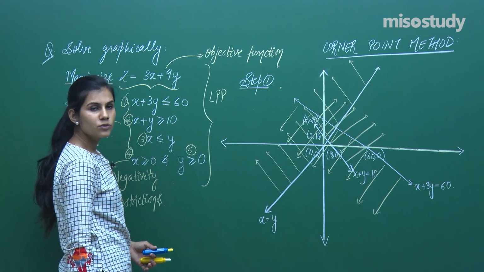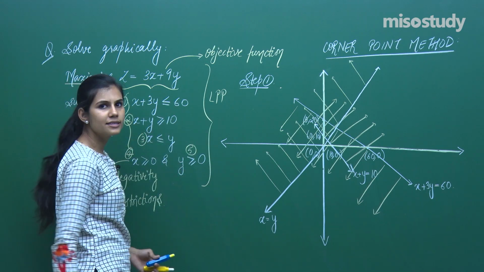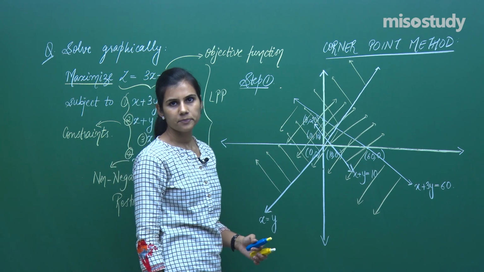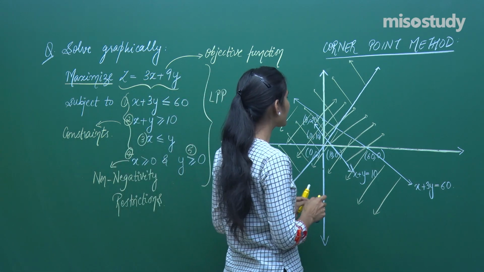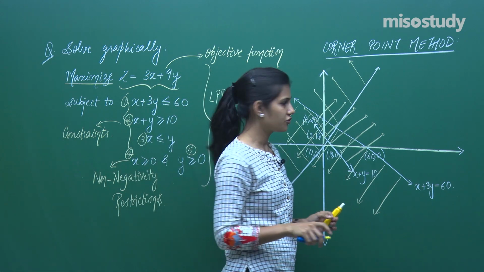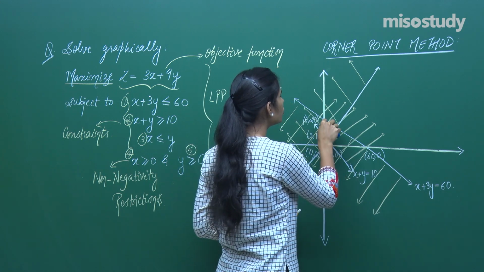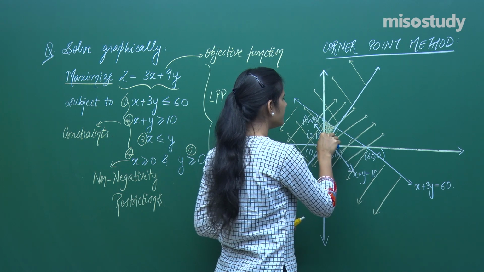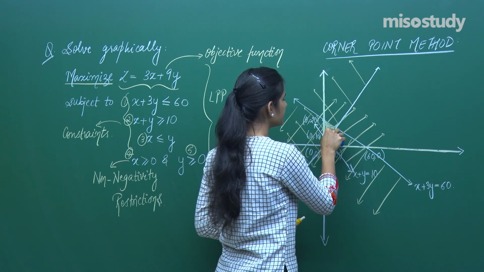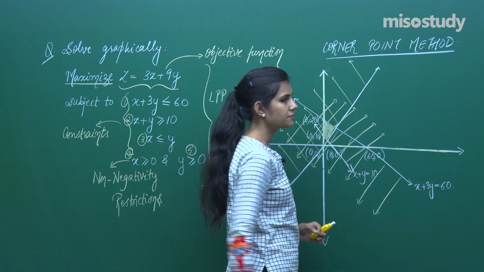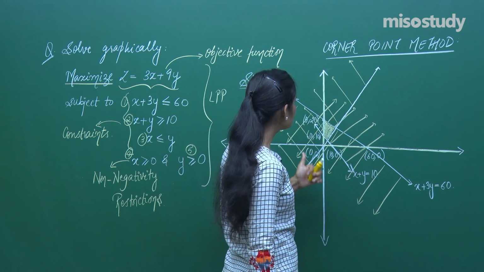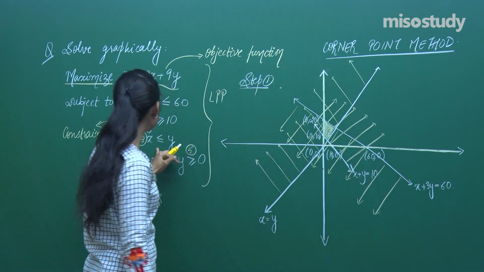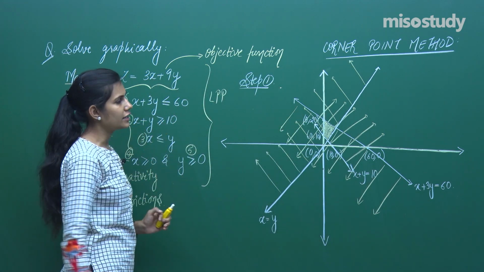That means those points lying in the intersection of all these regions are the points which satisfy all 5 constraints. Fine. So I need to pick up the intersection. When you talk about the intersection, you will be able to see that this happens to be the intersection. Is it understood? This happens to be the intersection of the regions represented by all these 5 inequations.